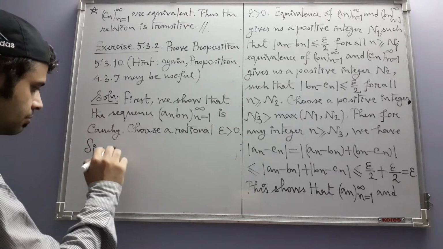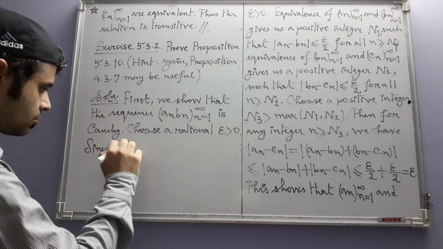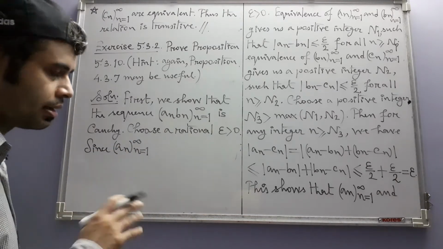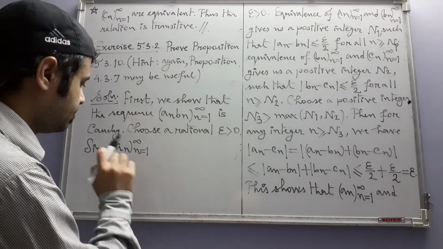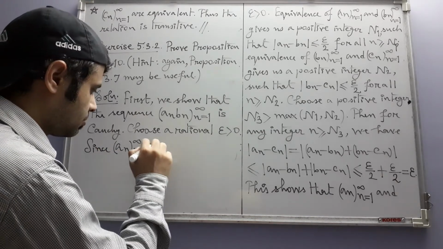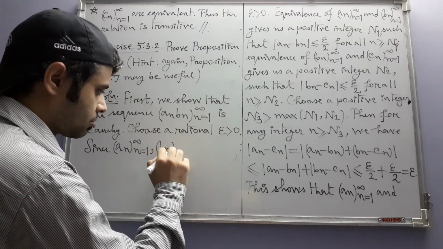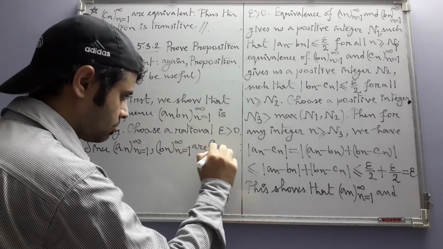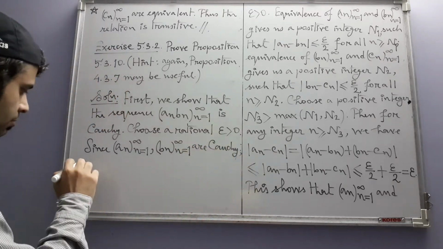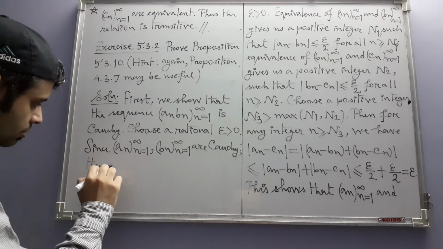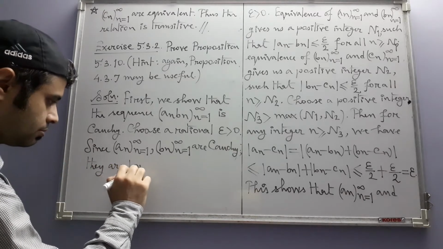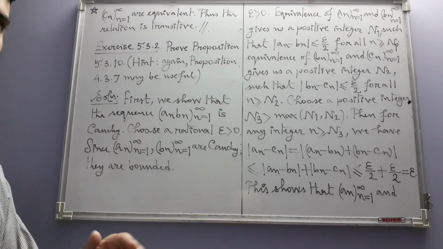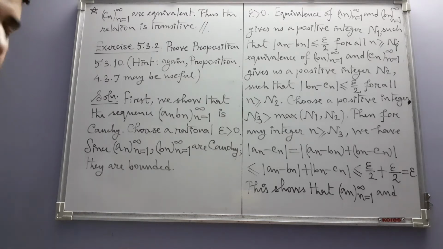Since the original sequences whose formal limits are given, that is x and y, say, are Cauchy, so they are bounded. This we have already proved before, that if you have a Cauchy sequence of rational numbers, then it must be bounded also.